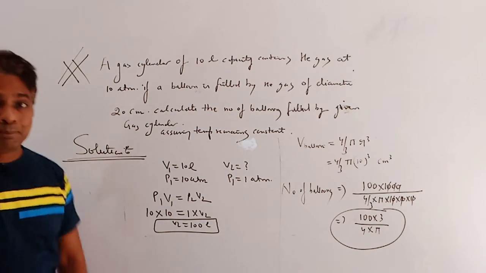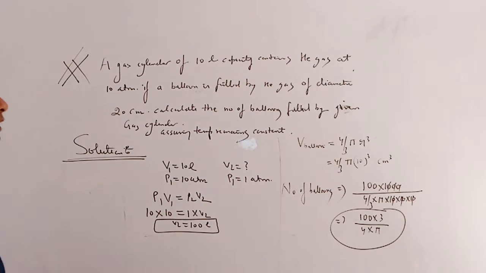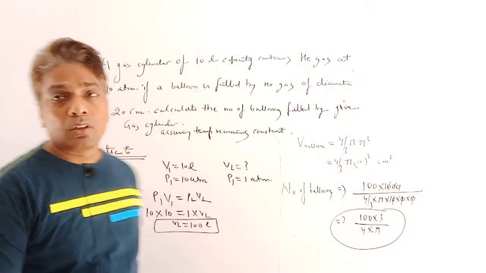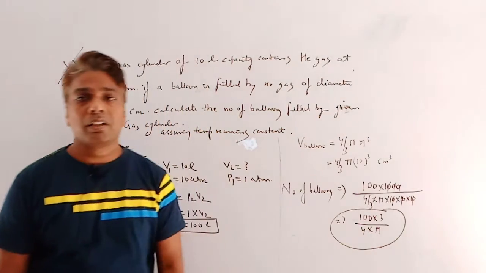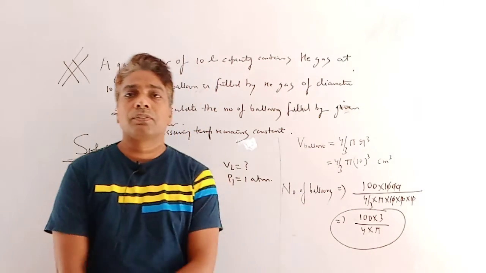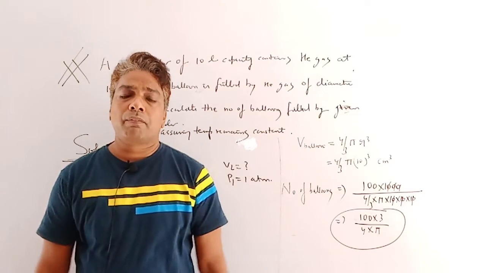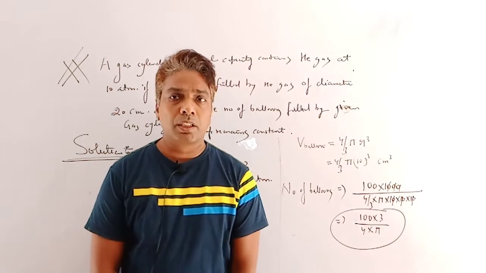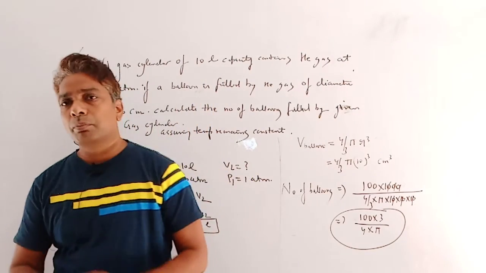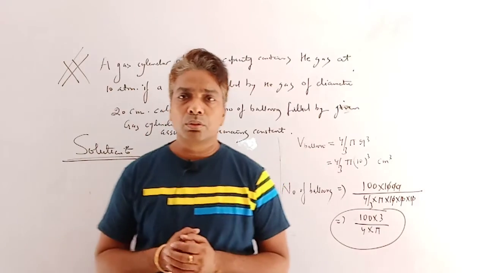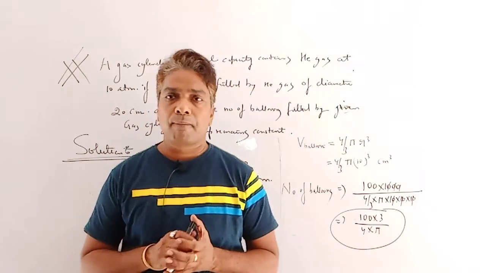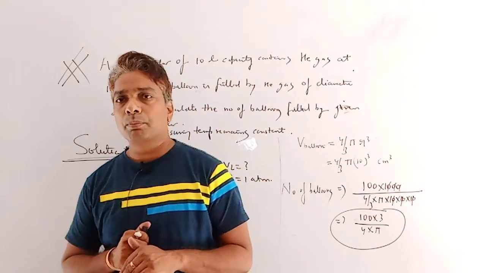Once again, in this question, a cylinder is given of capacity 10 liter in which helium gas is filled at 10 atmospheric pressure, and when gas is leaked out from the cylinder to the atmosphere, the gas will expand due to low pressure, 10 atmosphere to 1 atmosphere.